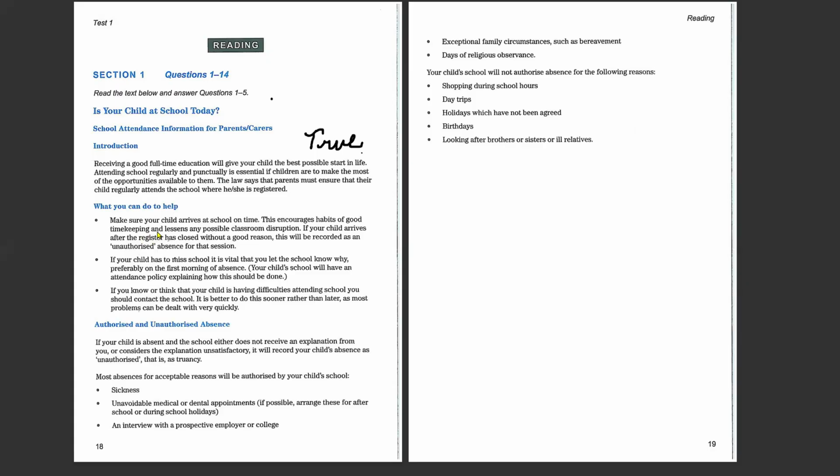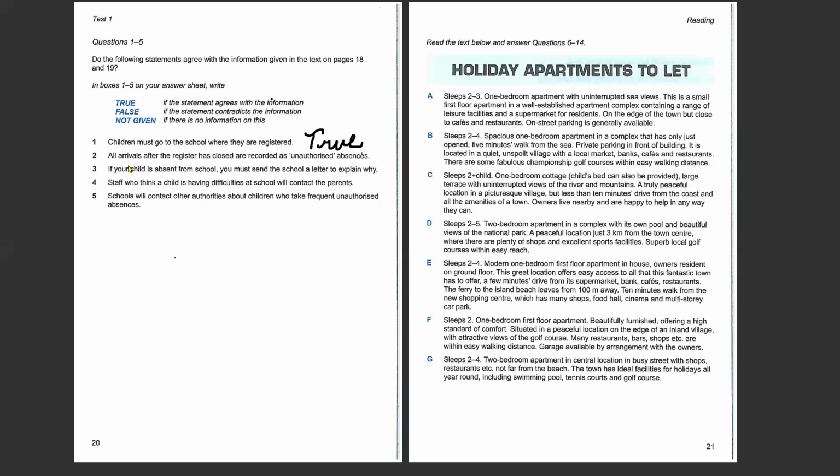That means our location is this paragraph. Let me read it again. If your child arrives after the register has closed without a good reason, then it will be recorded as unauthorized absence. Let's go back. Or all arrivals after the register has closed are recorded as unauthorized absence.